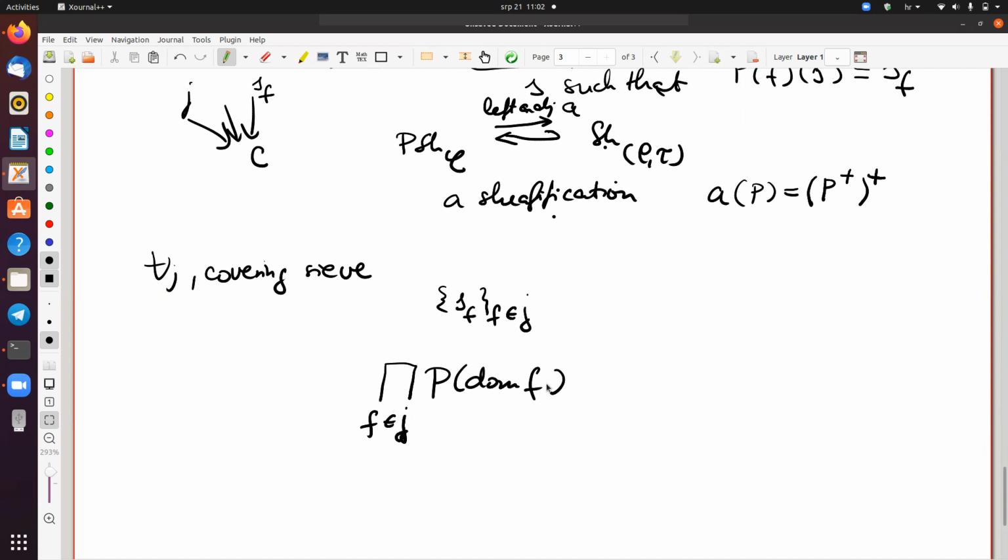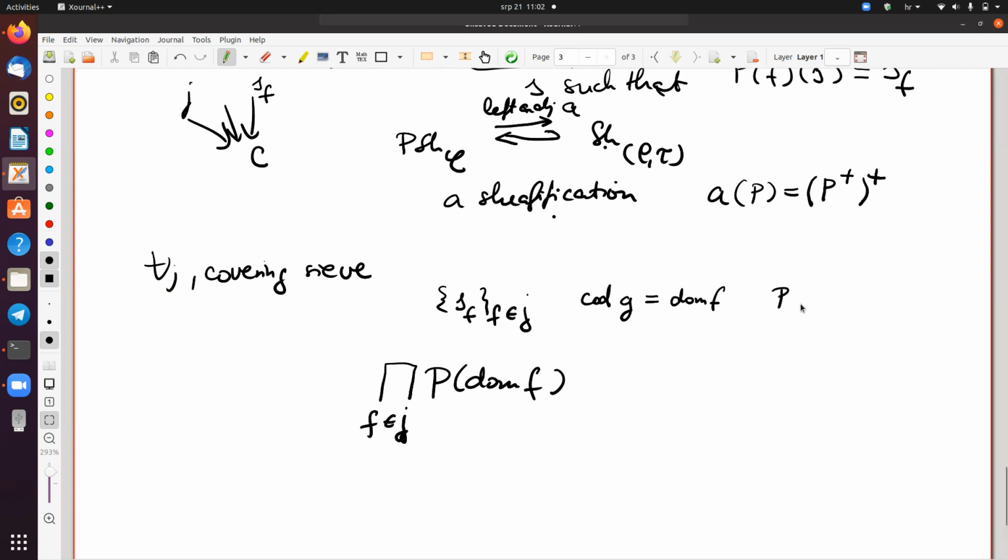But now, to say that it's a matching family, you have to compare for all G. So take all G such that the codomain of G equals the domain of F. We had the condition.